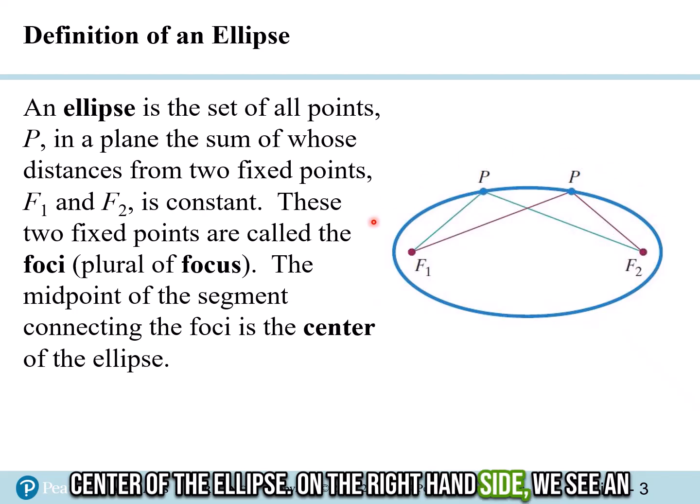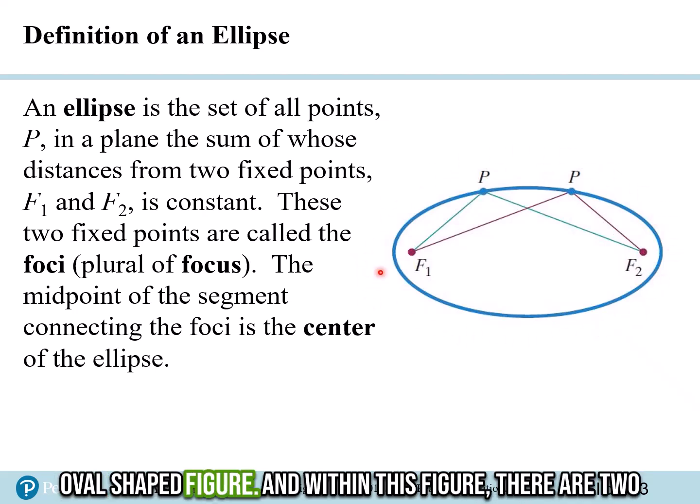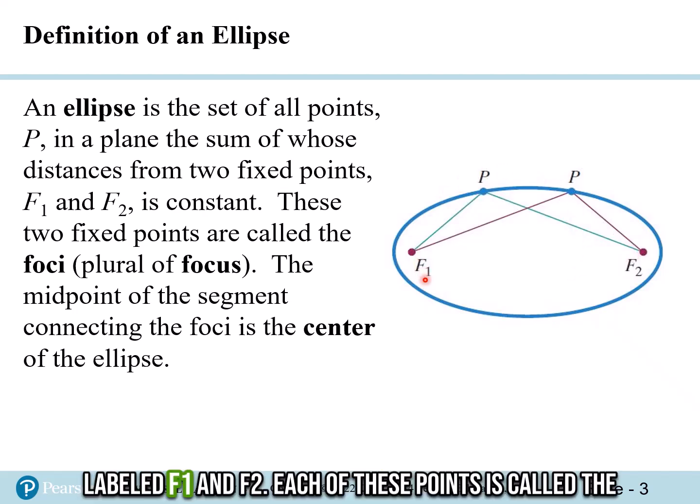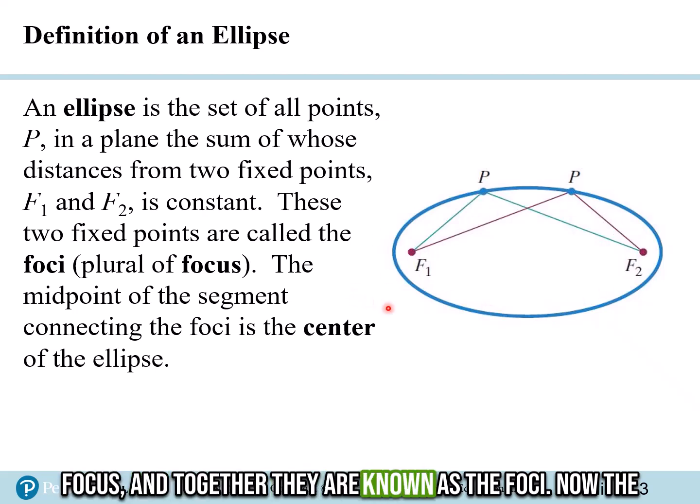On the right-hand side, we see an oval-shaped figure, and within this figure there are two points labeled F1 and F2. Each of these points is called the focus, and together they are known as the foci.